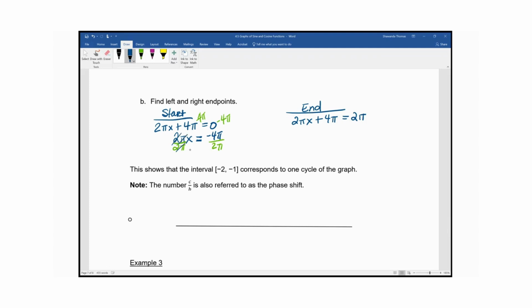Where are we starting? It's -2 pi. Is it pi though? Oh, -2, because those pi's cancel out.